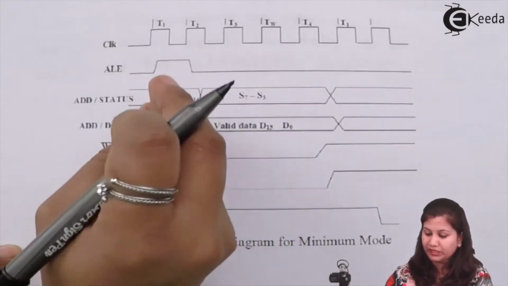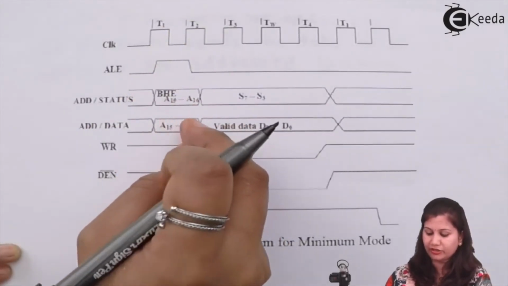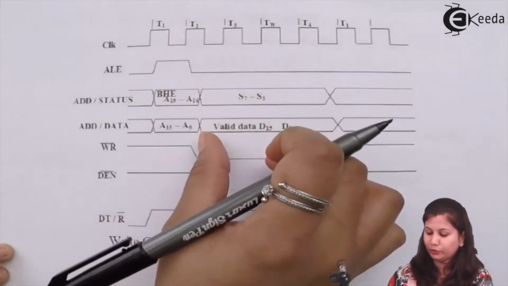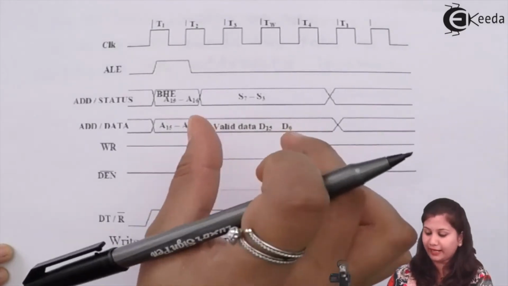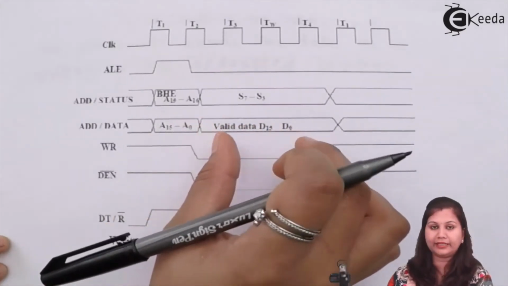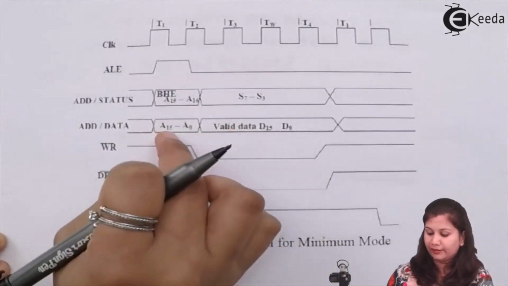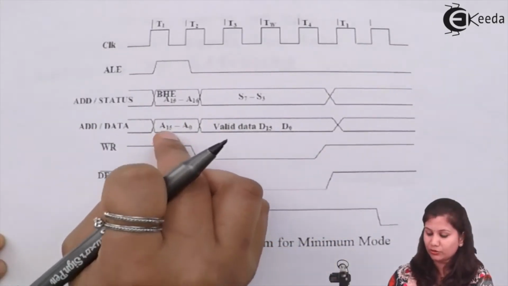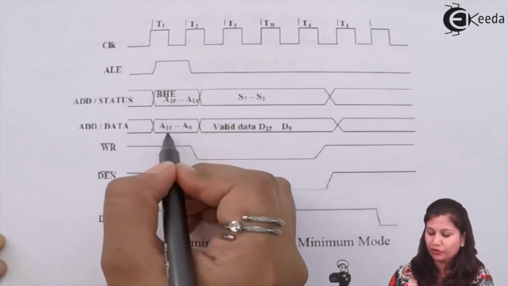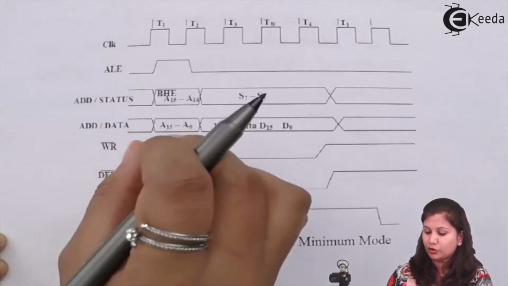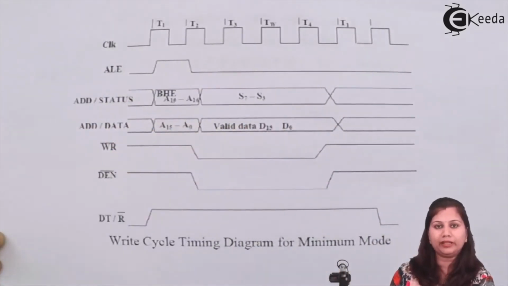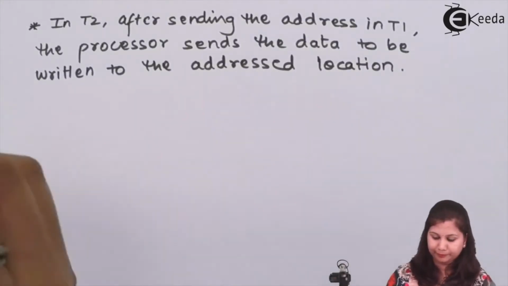So when the T2 state starts, the address is already sent, and then in T2 the data is available, and that data will be written to the memory location whose address is given in the T1 state. So the address is already with the microprocessor, and at that memory location this valid data will be written by the microprocessor.